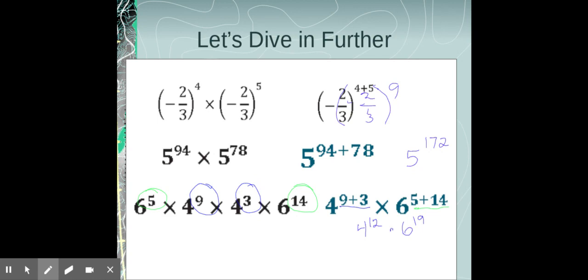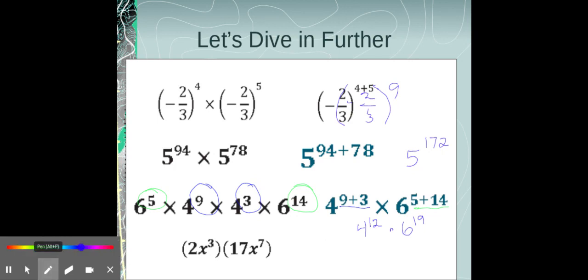Okay, there's just one more that we have to look at. We haven't looked at any that have variables in them yet. So let's look at this last one. Check this out. 2x to the 3rd times 17x to the 7th. Well, I do see that x to the 3rd and x to the 7th have the same base. So I must keep the base and add their exponents together.